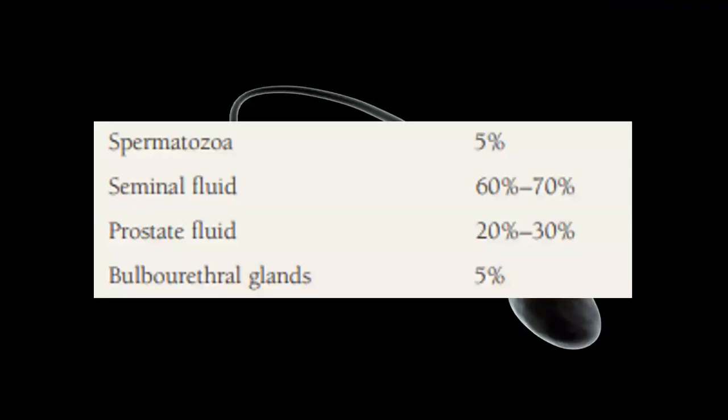The entire semen, the entire fluid plus the sperm that is excreted during ejaculation, comprises the following. Your sperm cells, or spermatozoa, comprise only 5% of the total secretions, whereas your seminal fluid, as I have mentioned, comprises the majority of the fluid, about 60 to 70%, followed by your prostate fluid and your bulbourethral gland fluid.